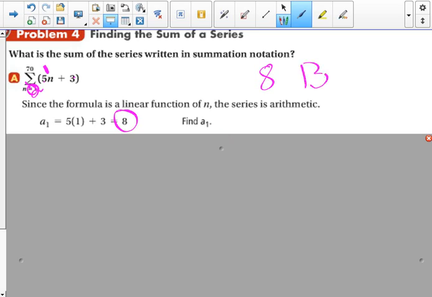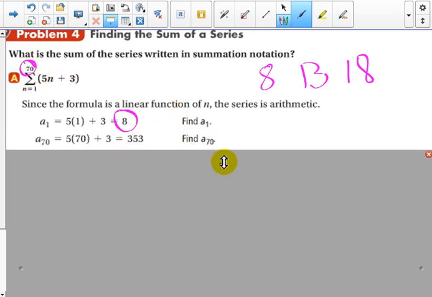The next term, n equals 3, so 5 times 3 plus 3, or 18. And you do that for all of these up to the 70th term. So we have our first term, and we know our 70th term. Just plug in 70 for n: 5 times 70 plus 3, which is going to be 353.